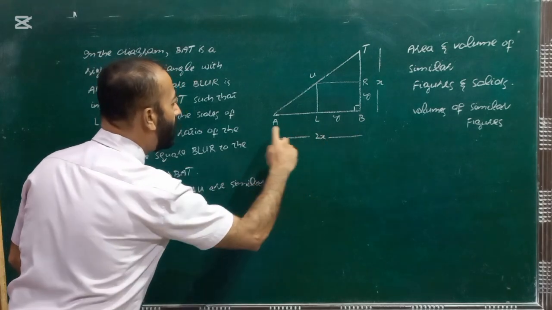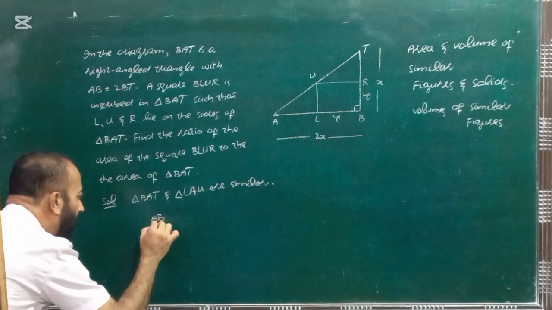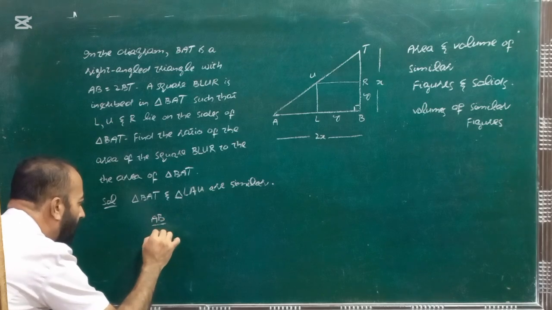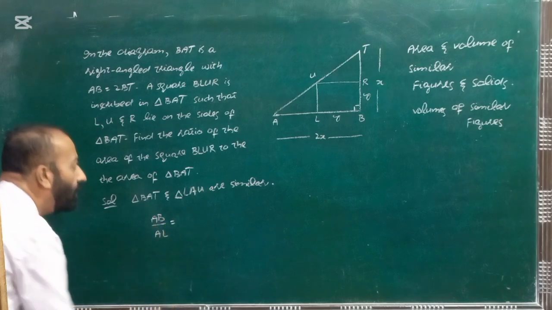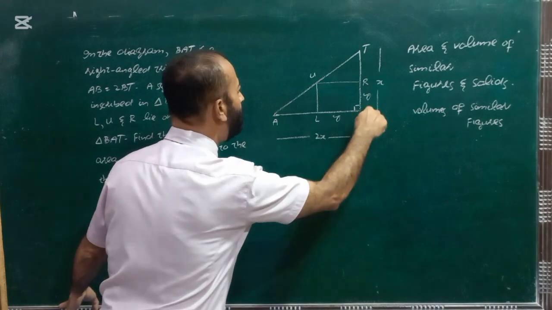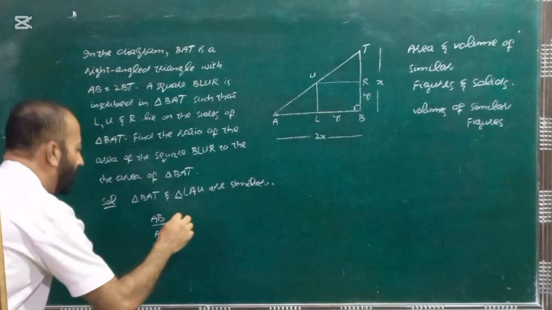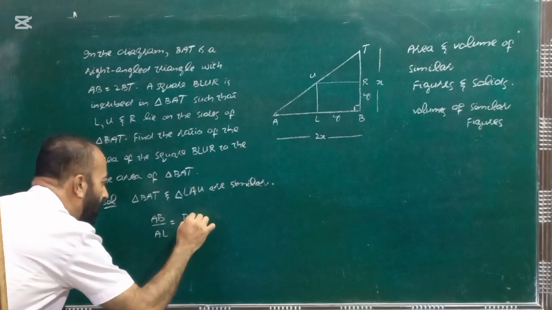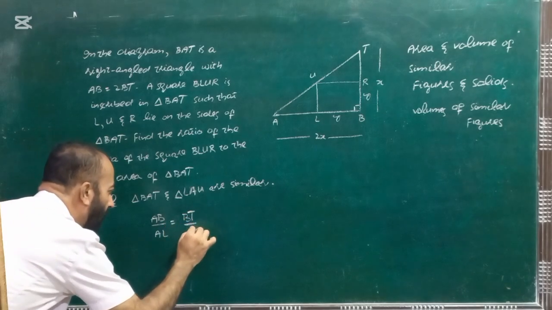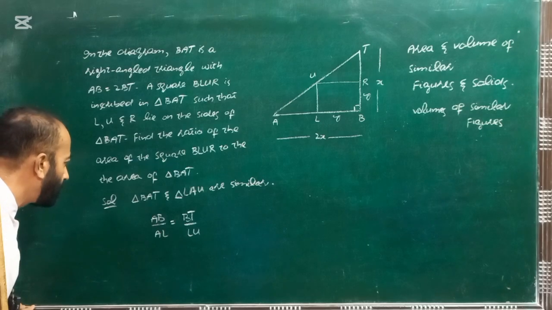So AB over AL will be equal to BT over LU. So ratio of the corresponding sides will be same.